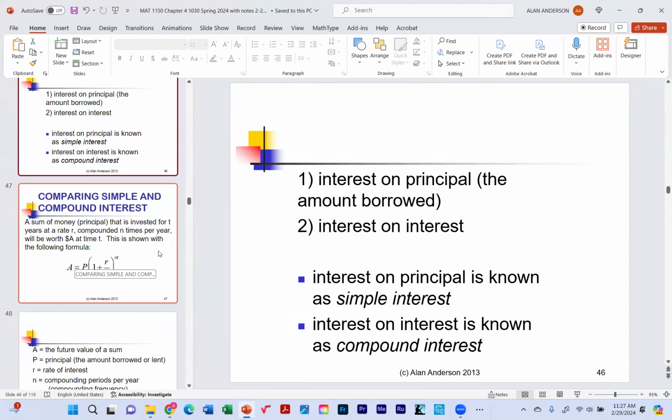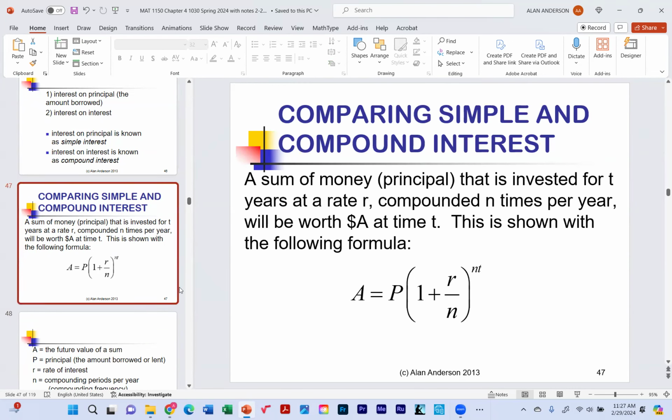Now, it looks terrifying, but it's really not that bad. So, what you're seeing here, this formula tells me, first, A is what we call the future value of a sum.